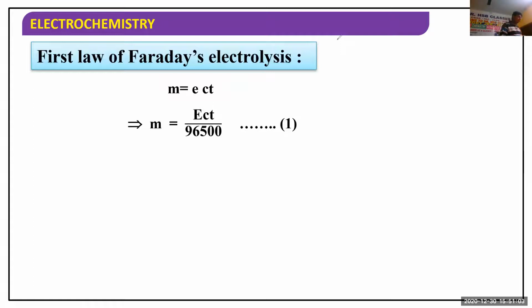So M is equal to the electrochemical equivalent into C into T. Then what is Z? Z equals E, capital E, divided by 96500 coulomb. What is this?